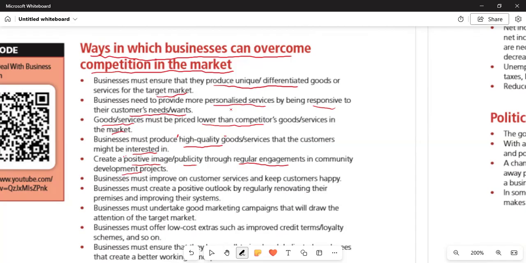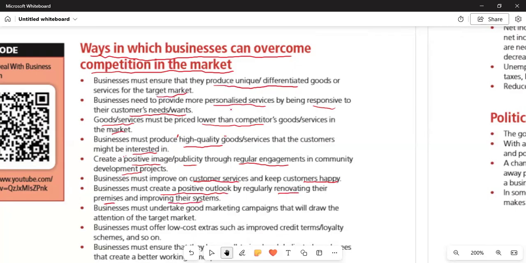Business must improve customer service and keep customers happy. So make sure that you treat your customers as kings and queens. Start by making sure that you satisfy your customers, and that's how they're going to be happy. Business must create a positive outlook by regularly renovating their premises and improving their systems.